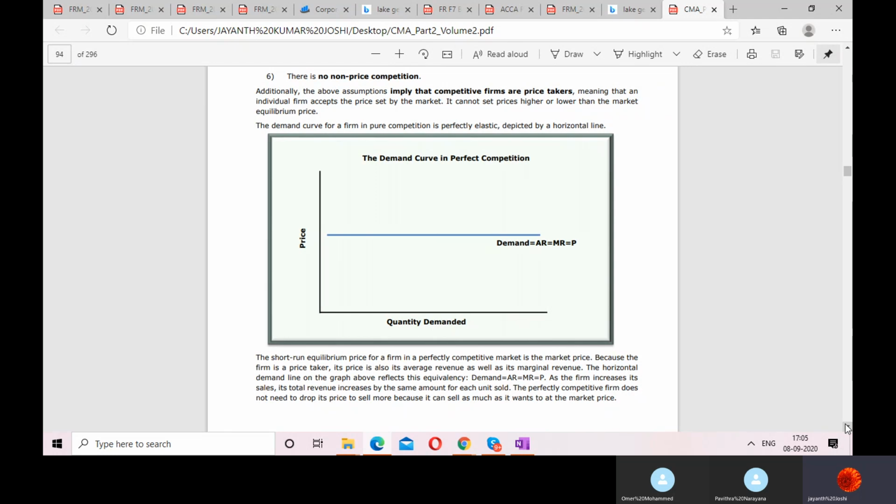That means there is no change here. It is a perfectly elastic curve. That means with respect to change in price, there is an infinite change in demand. So demand curve for a firm in pure competition is perfectly elastic.